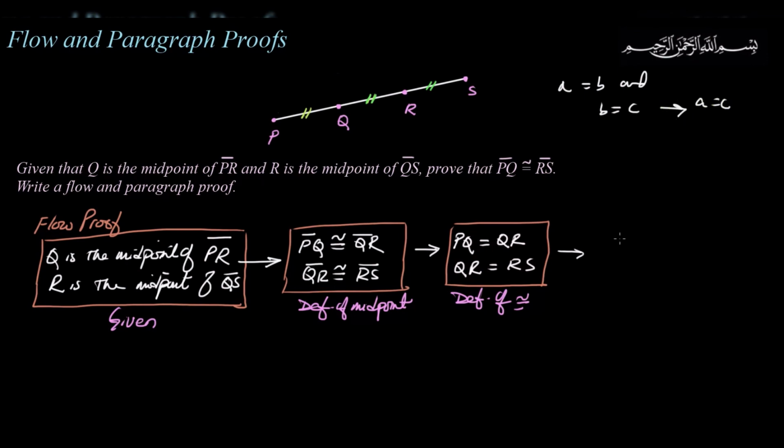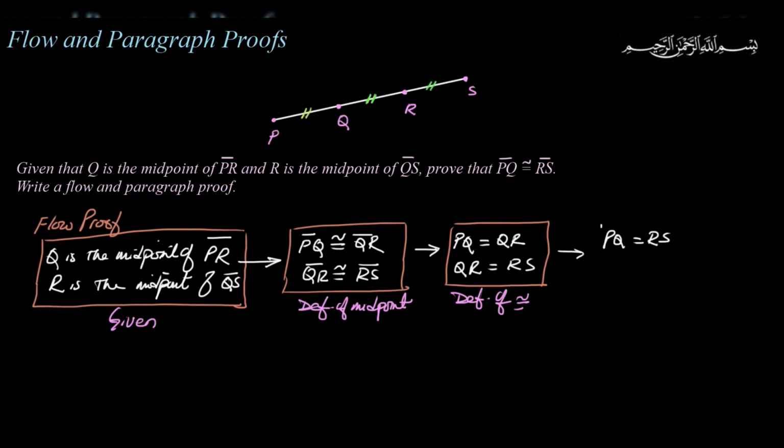That's the transitive property of equality for real numbers. I can use it because these are measures of segments. Since something is common to both of these statements, I can say that the length of PQ is equal to the length of RS.